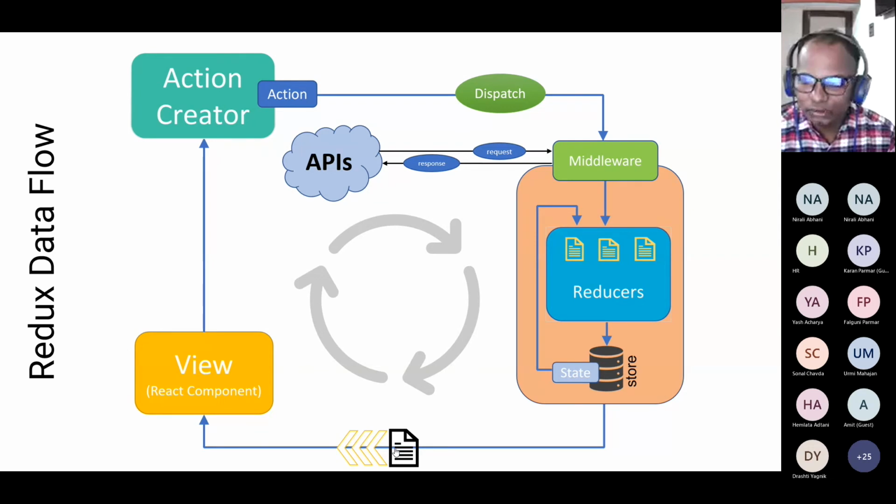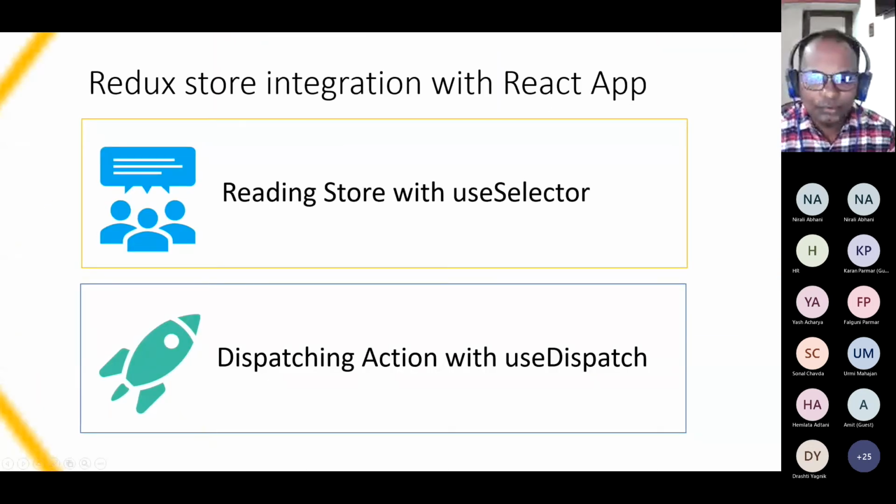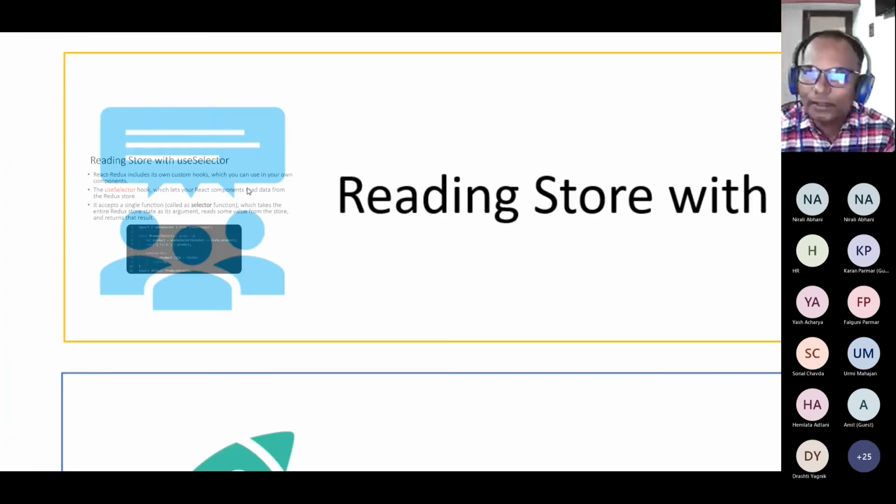Okay, let me go through the last important concept of the whole diagram. Basically, how can we read this data, right? If you are going in the application and you want to read the data here, how can we achieve this? For that, just simply understand this. Here, you can see the Redux store is integrated with the React application. So for reading the store, there is one hook I have used, useSelector.